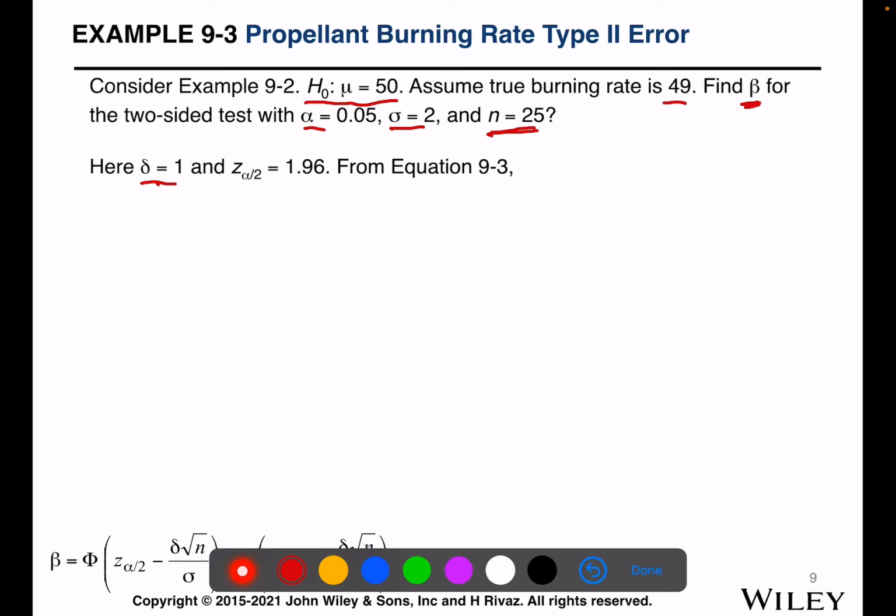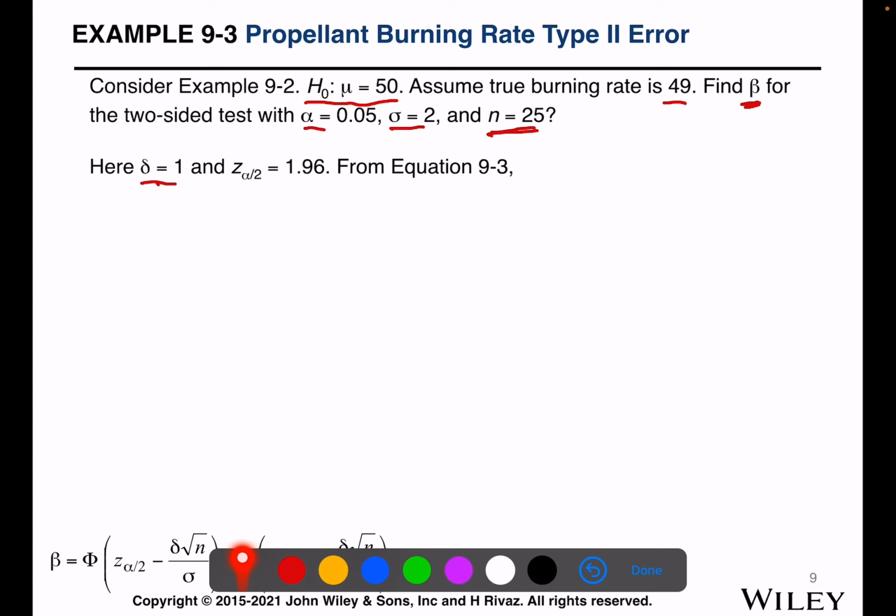And we want to calculate the probability of type 2 error, beta, that leads to failing to reject the null hypothesis, meaning that we think the mean is actually 50, that we abide by the law, our mean is 50 as required. But we do that by mistake. We want to calculate that probability.